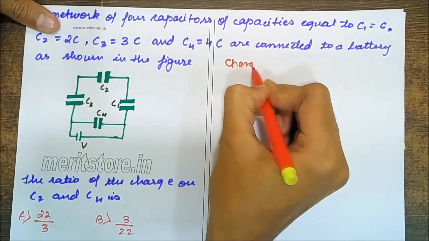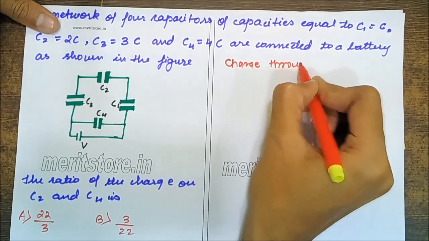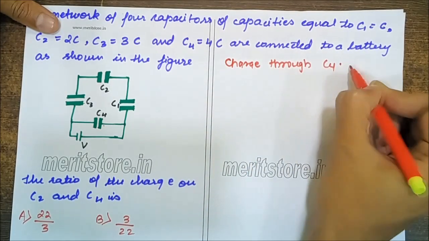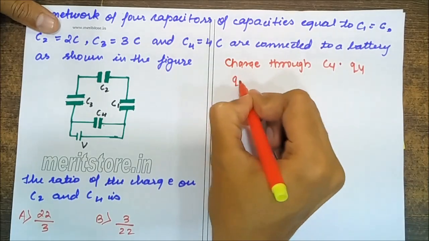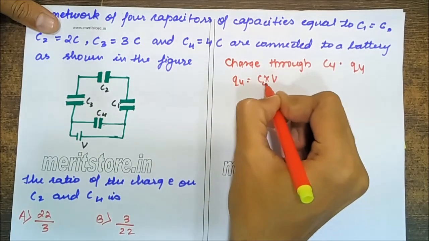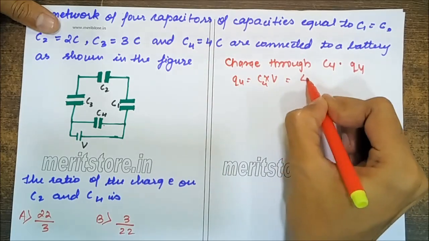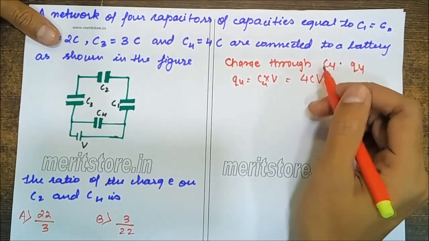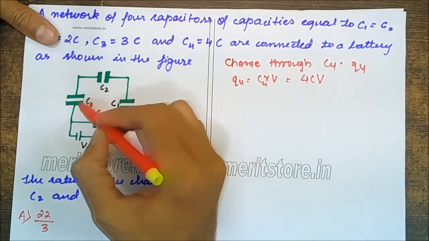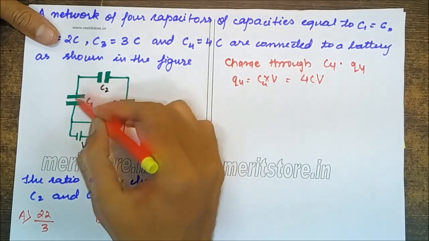So the charge through C4, let it be Q4. Okay, that will be given by Q4 equals C4 into V. The capacitance is 4C, so that becomes 4CV. Okay, next here C1, C2 and C3, all 3 are connected in series.